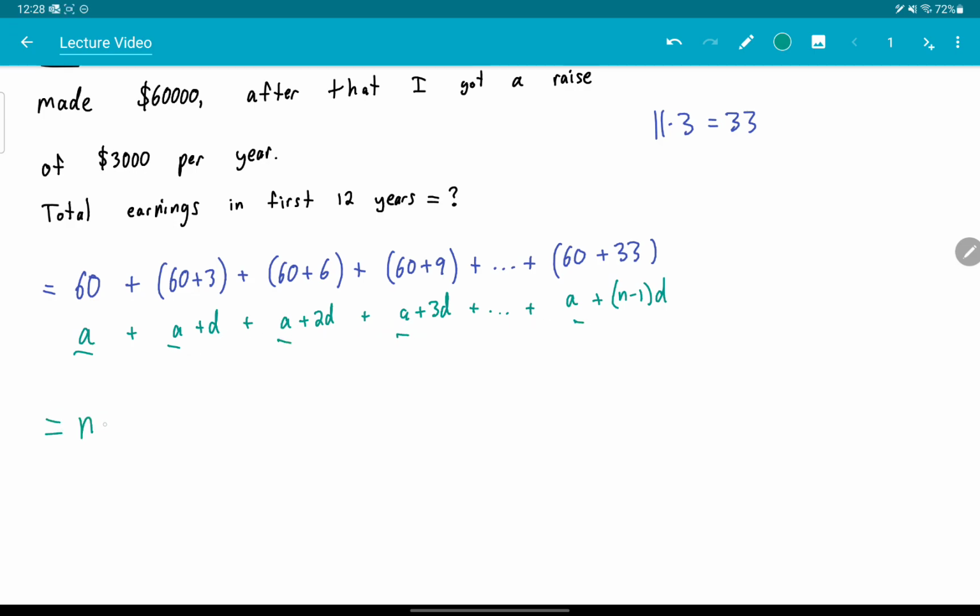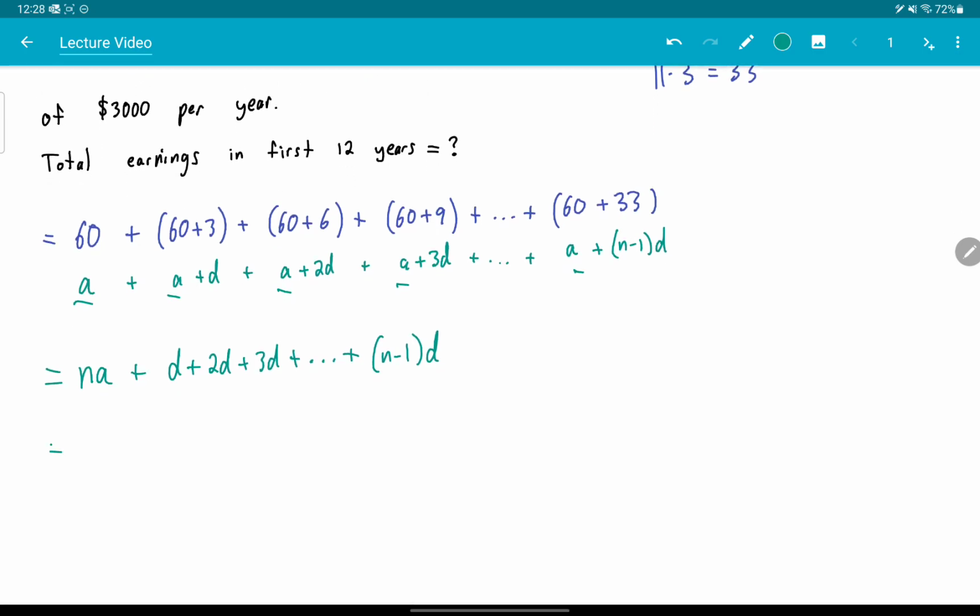So this is going to equal n times A. And then I have plus D plus 2D plus 3D all the way up to n minus 1 D. Now I'll factor out a D, and I get 1 plus 2 plus 3 plus n minus 1.